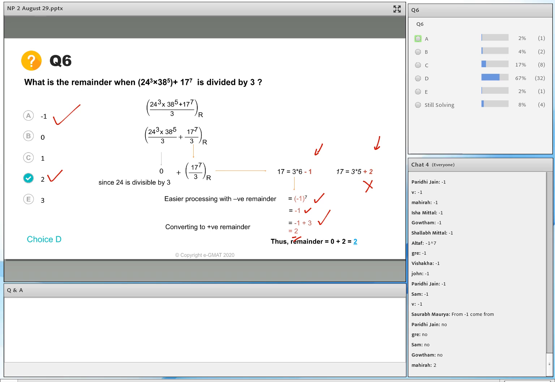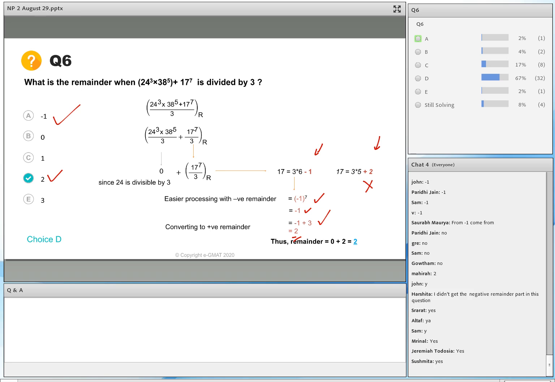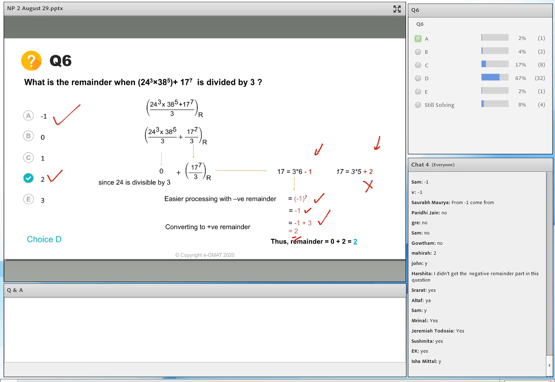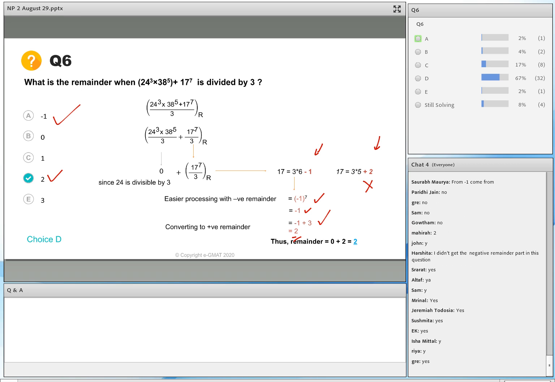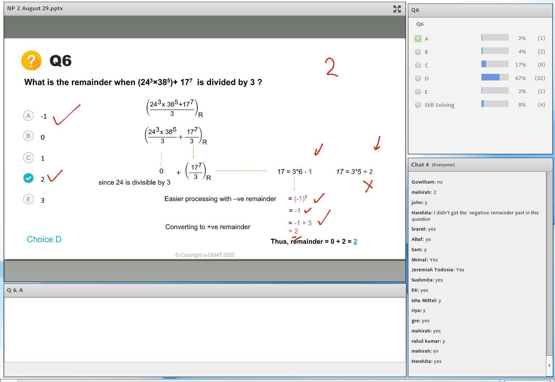Tell me, is the solution clear to all of you? Okay, Harshita did not get the negative remainder. Why, Harshita? You know that the positive remainder is equal to 2, right? If the positive remainder is equal to 2, you need to subtract the divisor to get the negative remainder, which is equal to minus 1.